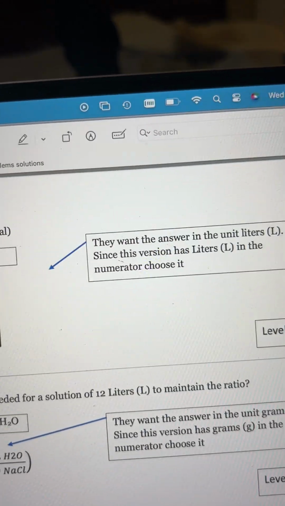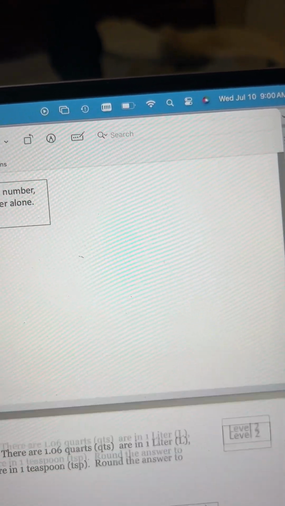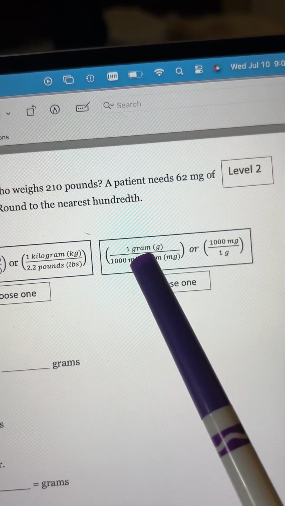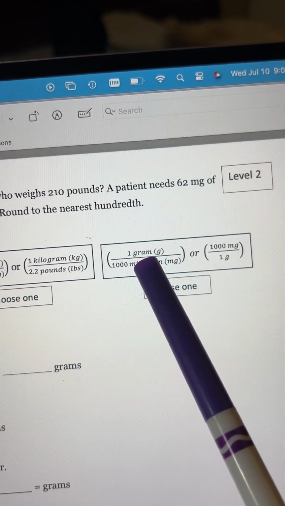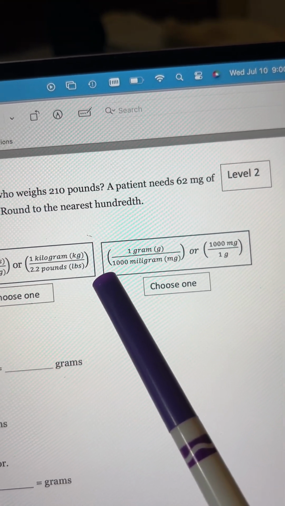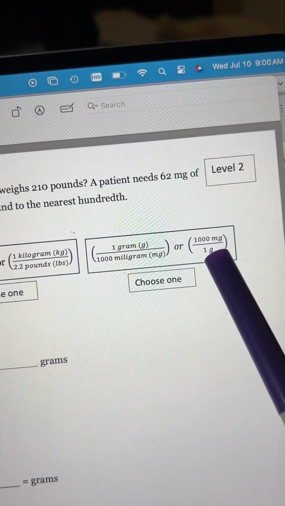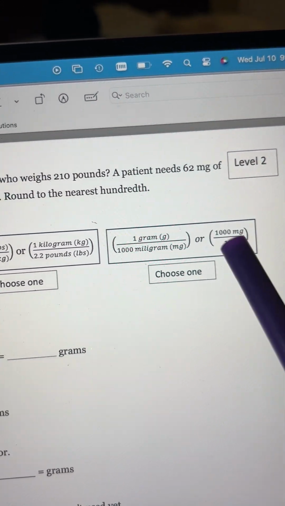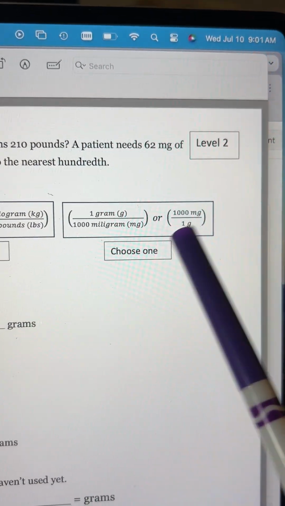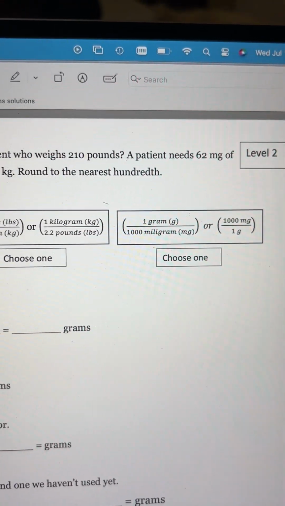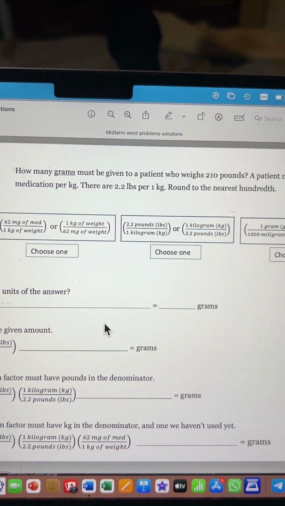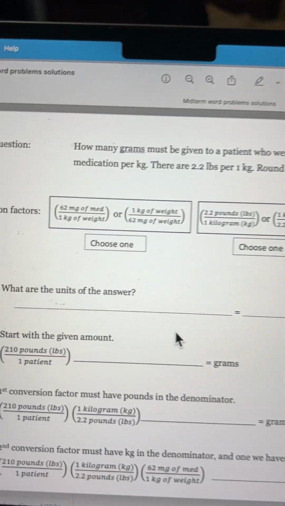So that's a clue that you're going to have to convert from grams to milligrams. So you put the 1,000 on the bottom and you put the 1,000 on the top. And later I'll show you in this problem why you need that one. If you can't put it in these boxes now, then you can do it later in the problem.